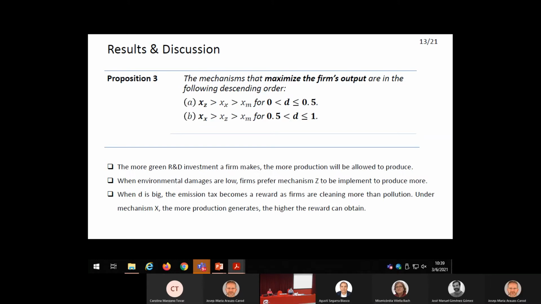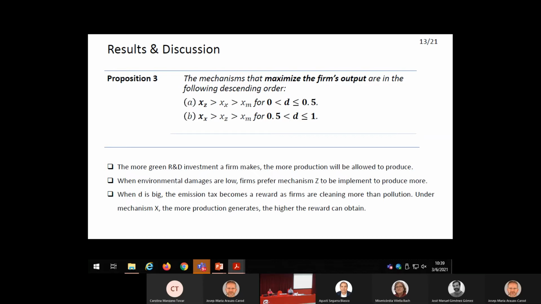But when environmental damage becomes big, now the emission tax becomes a reward. Why? It's because now the firms' cleaning is more than pollution.